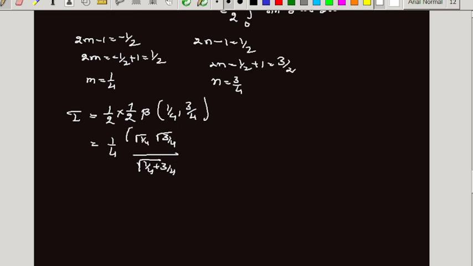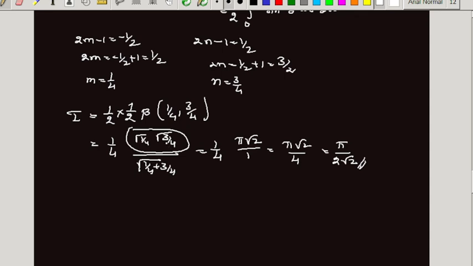So this one we know the answer directly. We can write it as pi root 2 and denominator is 1. So answer is pi root 2 dividing by 4, or we can simplify and we can write it as pi dividing by 2 root 2.